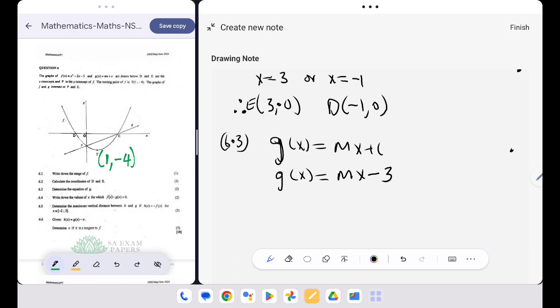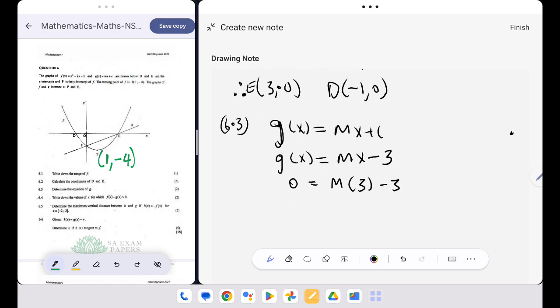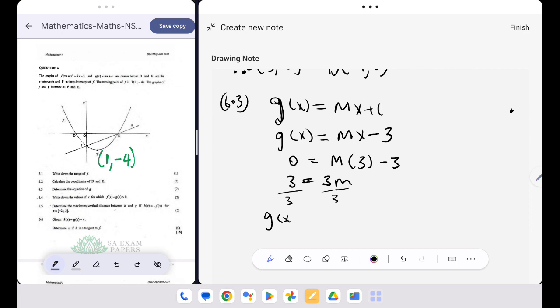I know that y is 0 whenever x is 3. I took the coordinates of E because E is on the graph of g as well. And when I take 3 to the other side, it will become positive. Then I'll be left with 3m. Divide both sides by 3. Therefore, the equation of g will be x minus 3. Here, when I divide, my gradient will be equal to 1. So that's why here is 1.